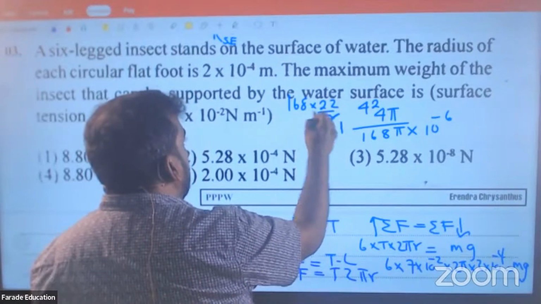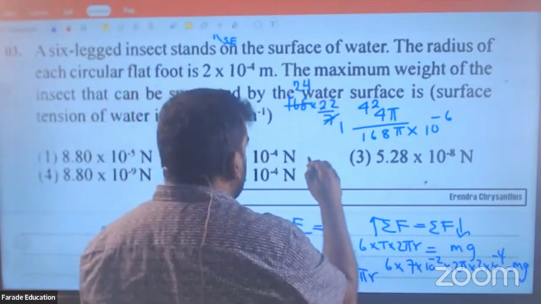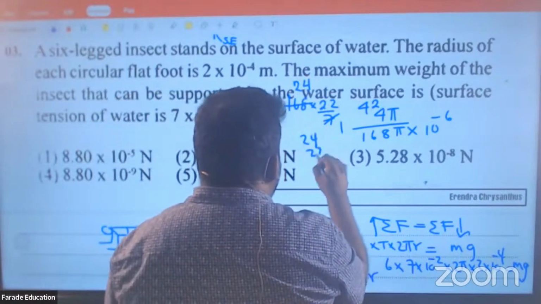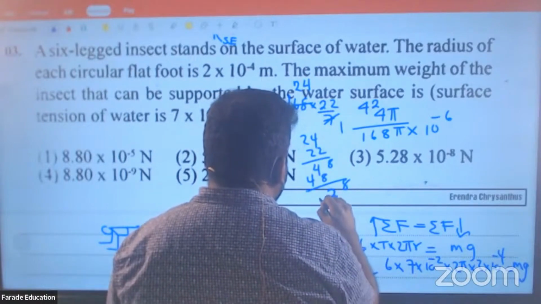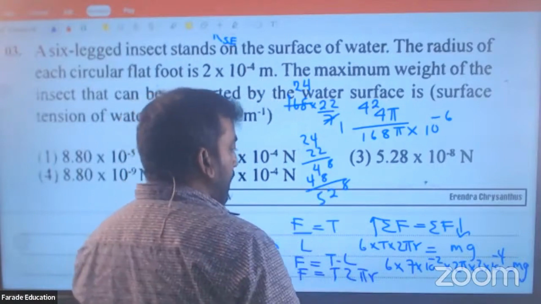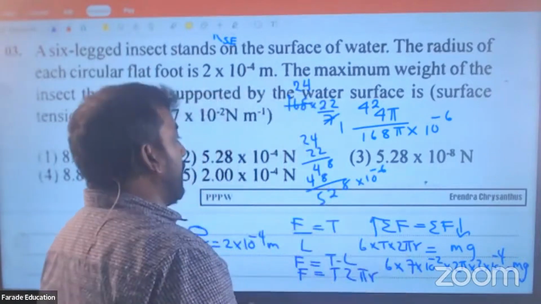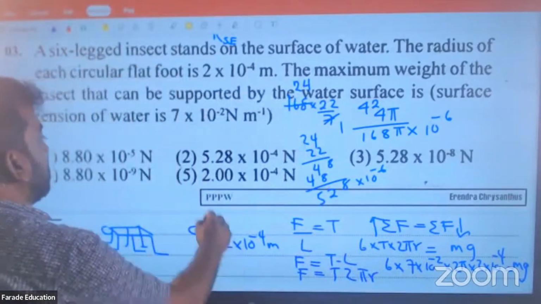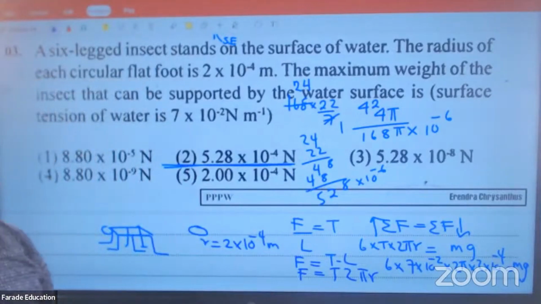Let's divide. 528 × 10^-6. 2 decimal places, 5.28 × 10^-4. Correct answer is answer number 2.